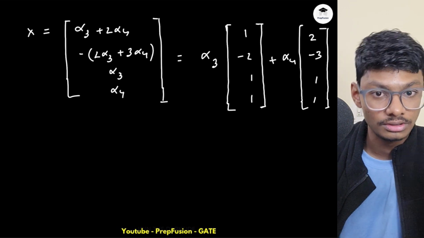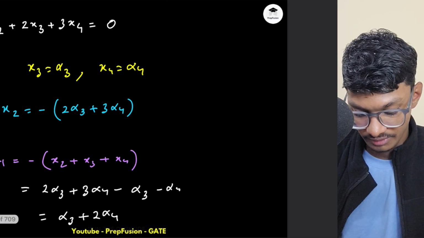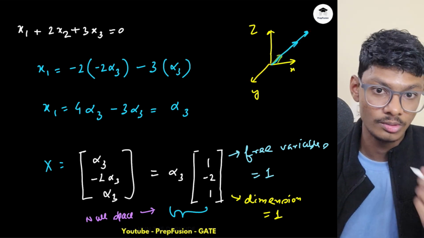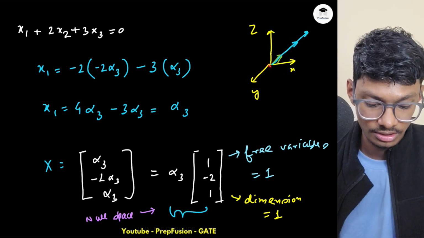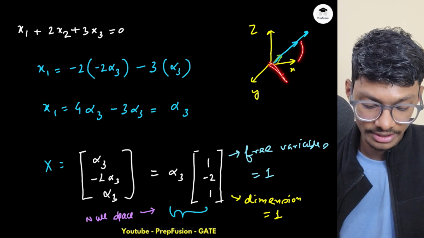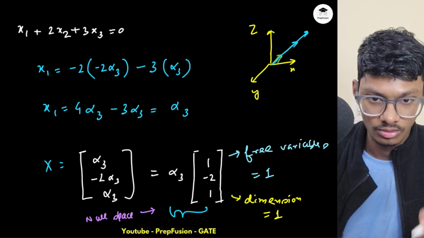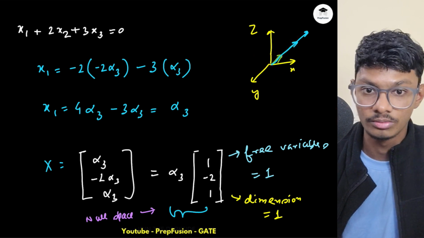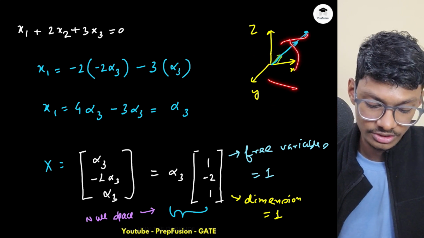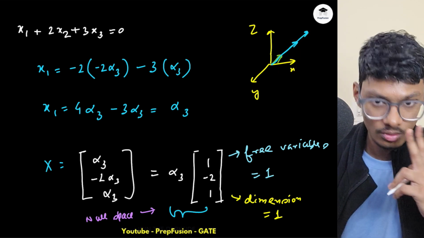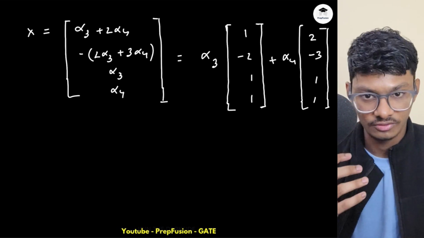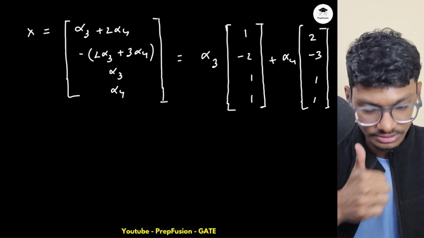They can cover a whole plane. Like previously, I was able to only go in one direction. Now I will be able to go in two directions. This is another vector that I will be able to scale, and this is another vector that I will be able to scale. With a linear combination of these two vectors, I will be able to cover one single plane, right? That is why my dimension of null space is basically the number of independent vectors.